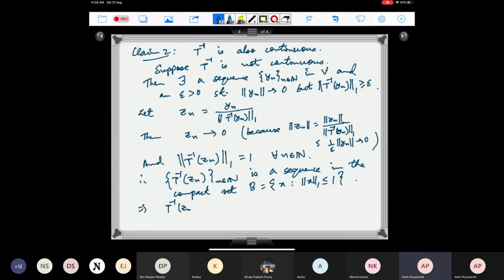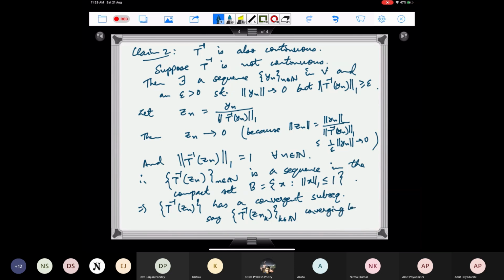So this will imply T inverse zn has a convergent subsequence, say T inverse znk, converging to some x.